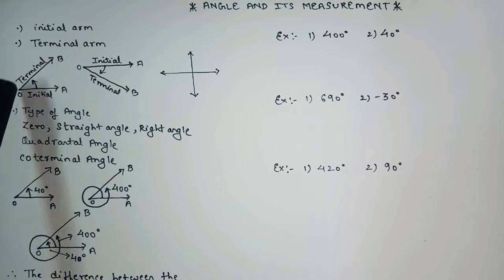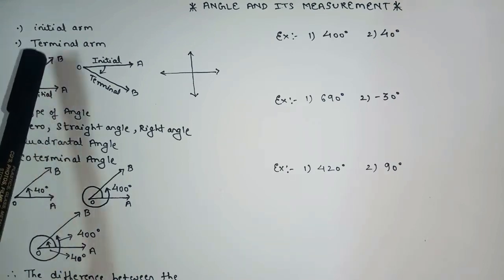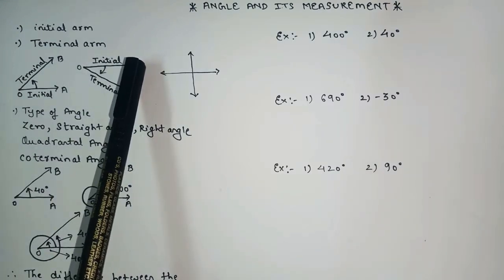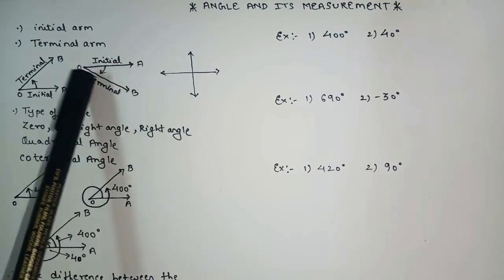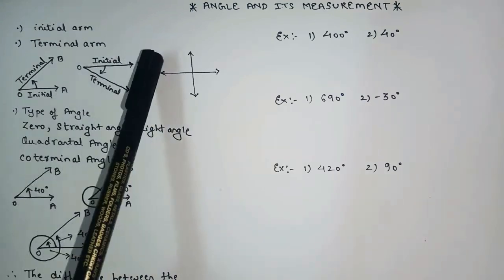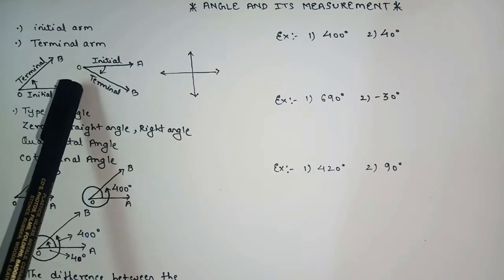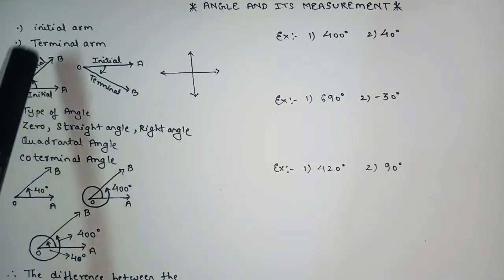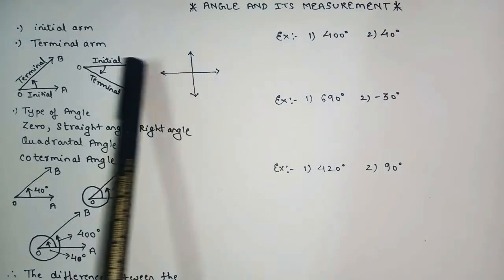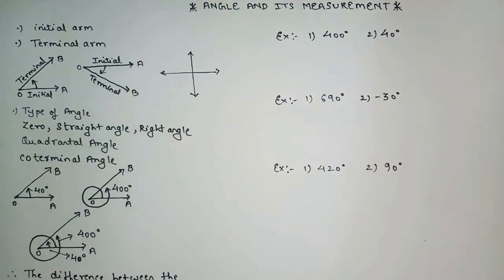So this is initial and this is terminal. In the second diagram, again the same: OA is the initial arm, and the second ray is the terminal arm of the directed angle AOB. So it forms an angle AOB, and here also it forms an angle AOB. This angle forms in the upward direction and this angle forms in the downward direction.